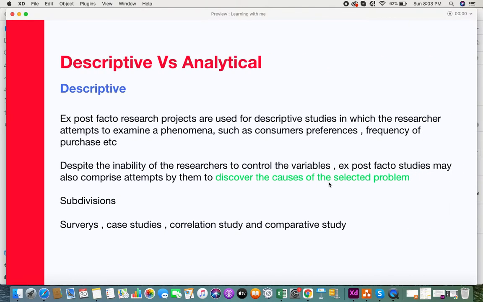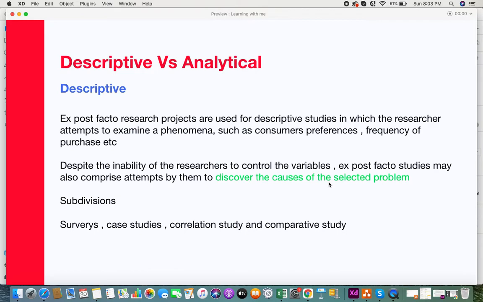Ex post facto research refers to projects where descriptive studies are used by the researcher, and the main attempts are done in order to examine a phenomenon, such as customer preferences, the frequency of purchases, etc. So ex post facto research is done in scenarios where you want to understand or examine certain phenomena such as customer preferences, frequency of purchases.